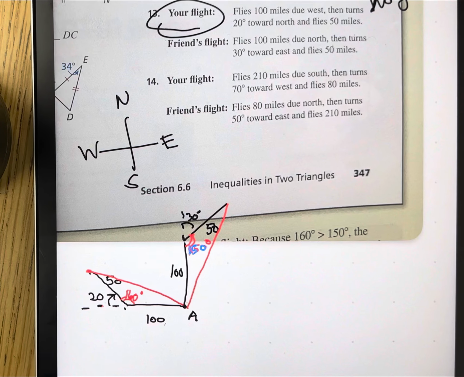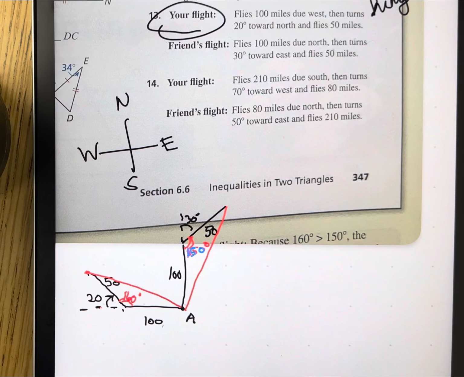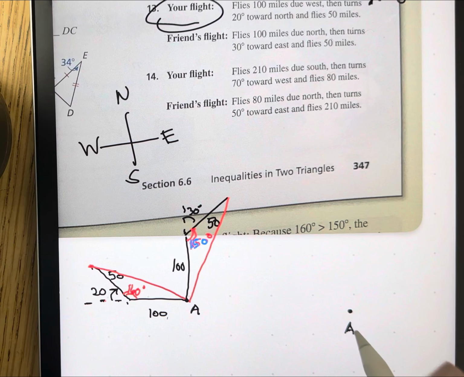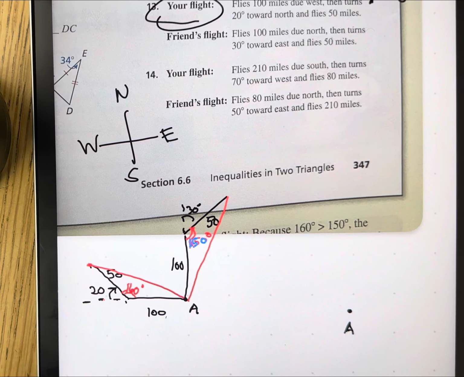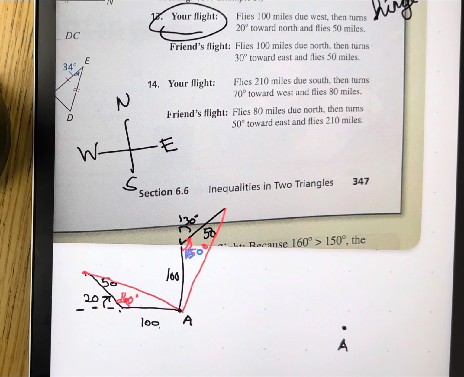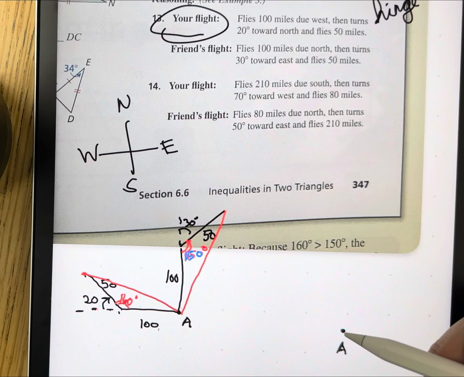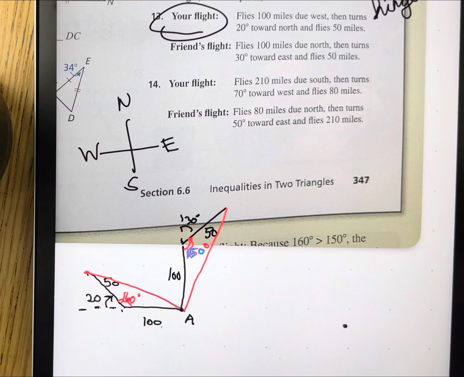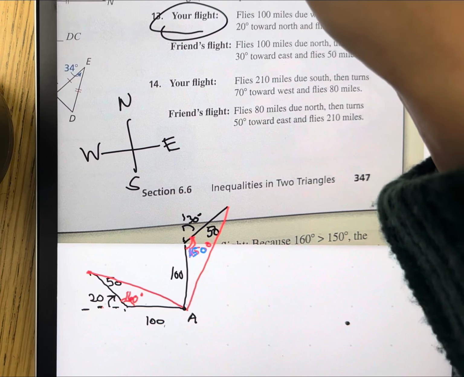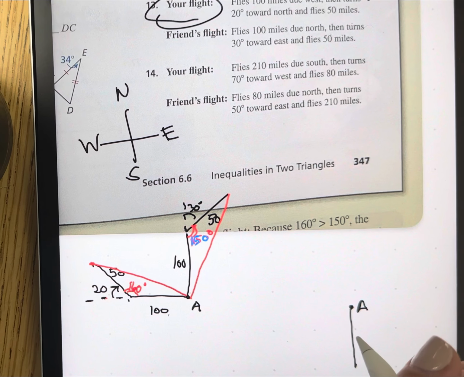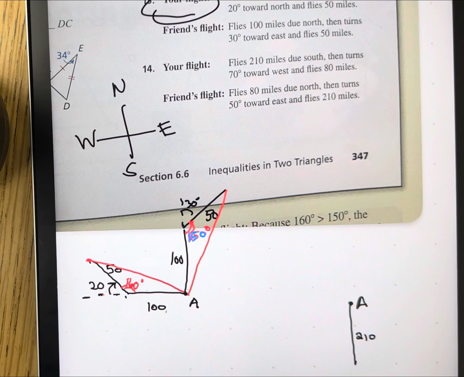Okay, let's do a similar problem again. So again, we've got the airport. My flight flies 210 miles south. So I'm already running into what I wrote down. Okay, I go down 210 south.